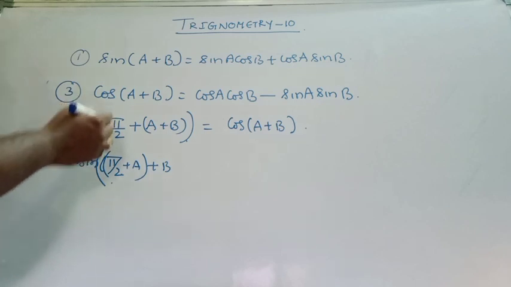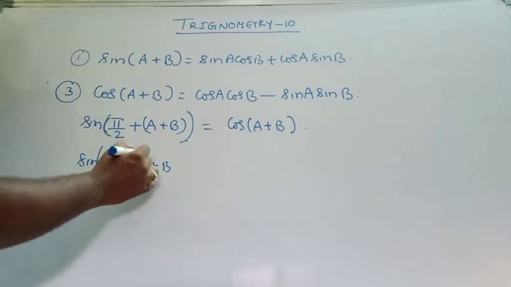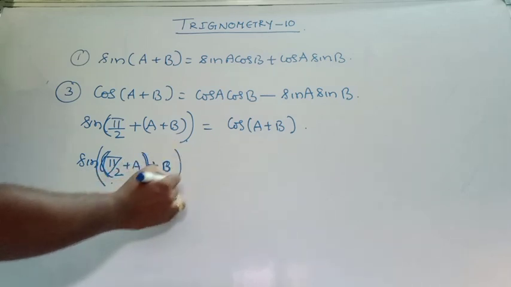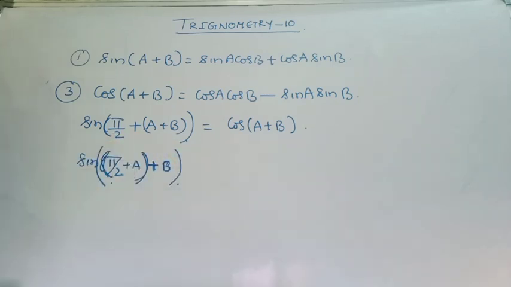Now pi by 2 plus A, I am making this as one group, and plus B as another element. Now let us apply the sin of A plus B formula, which we have already derived.